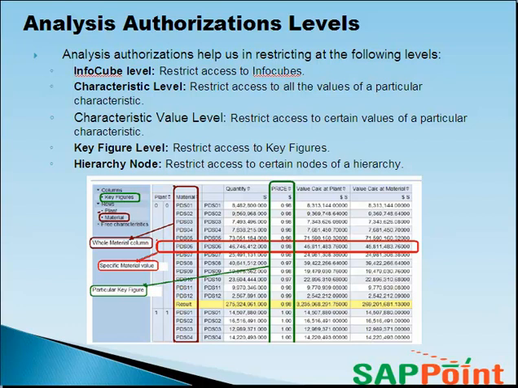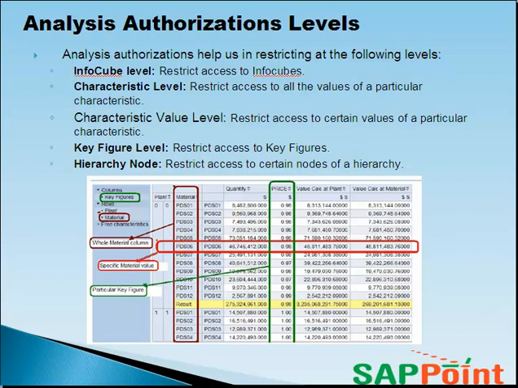Now, queries are not built specific to key figures or characteristic value. Instead, info object level security can be built in such a way that common queries executed by different users can output different results based on their authorization restrictions on characteristics, value, or key figures.